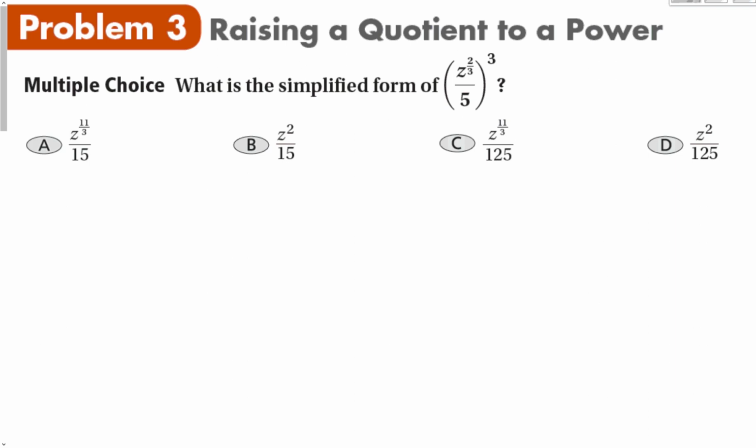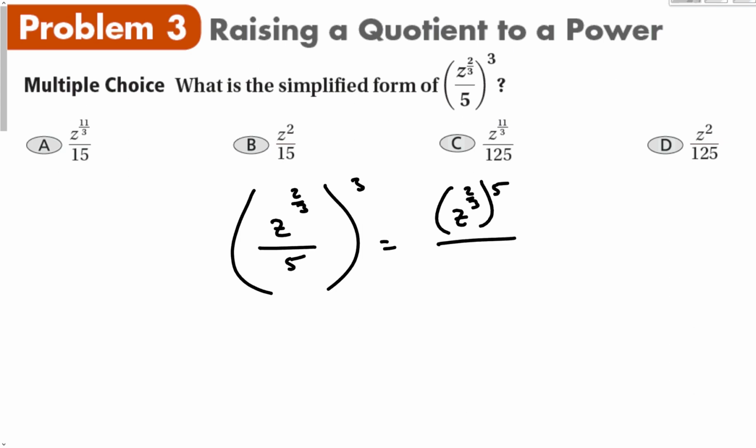So what is the simplified form of z to the 2/3 over 5, all to the third power? We have z to the 2/3 over 5 all to the third power, which becomes z to the 2/3 to the third power over 5 to the third power.